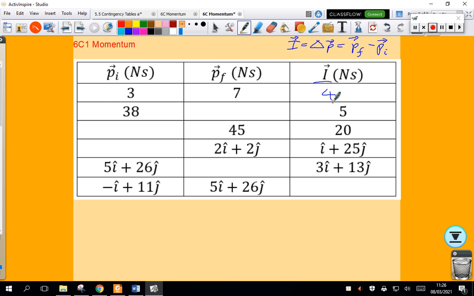Okay, and again, just like before, impulse is equal to final momentum minus initial momentum. There's 3 ways you can change the subject of that formula.